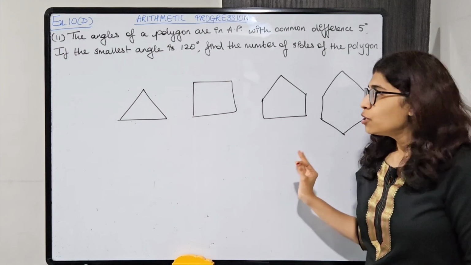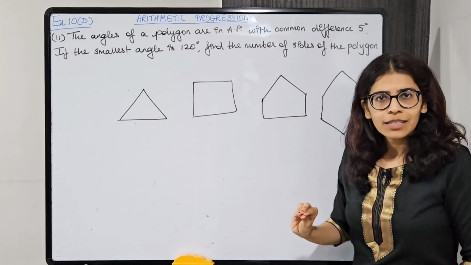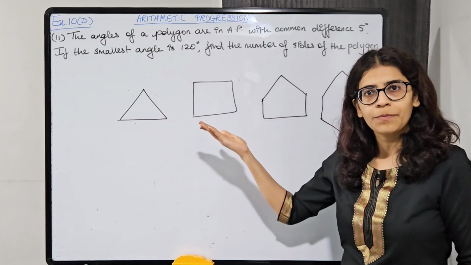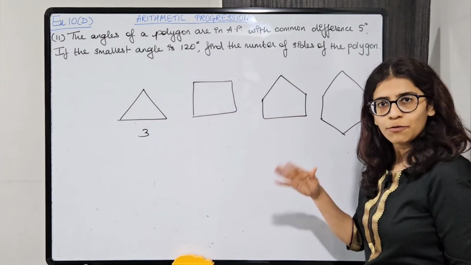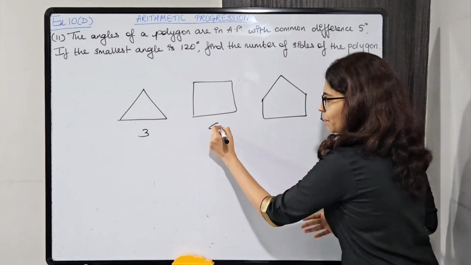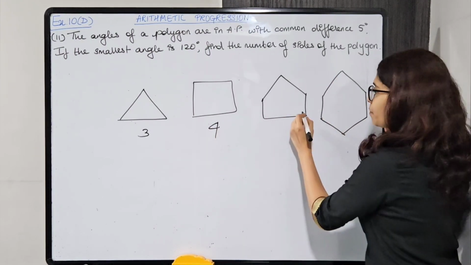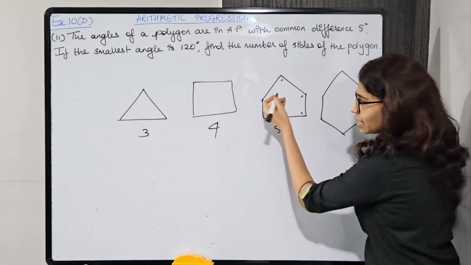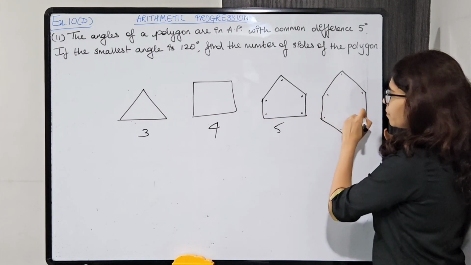All right. Over here, if you notice, the number of sides is equal to the number of angles. Right? Triangle has 3 sides, 3 angles. Square has 4 sides, 4 angles. Correct? Pentagon has 5 sides, 5 angles. 1, 2, 3, 4, 5. 5 angles, 5 sides. Hexagon has 6 angles and 6 sides.